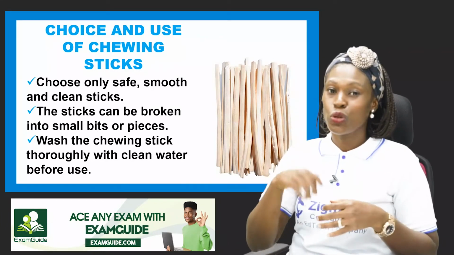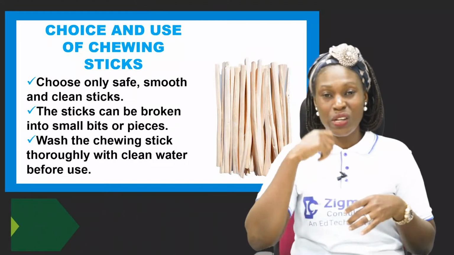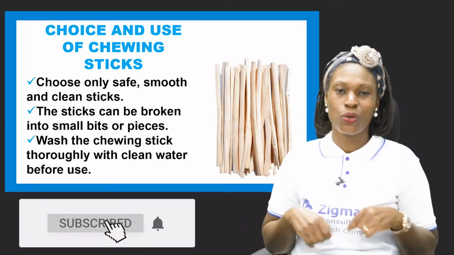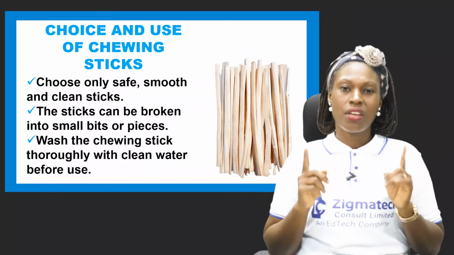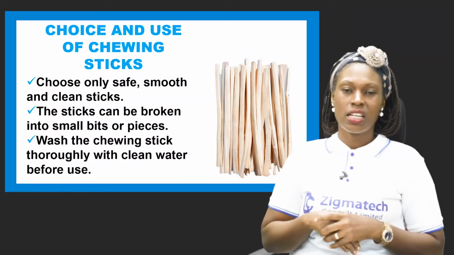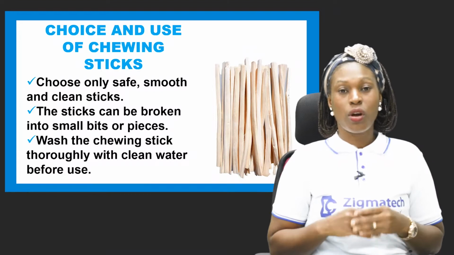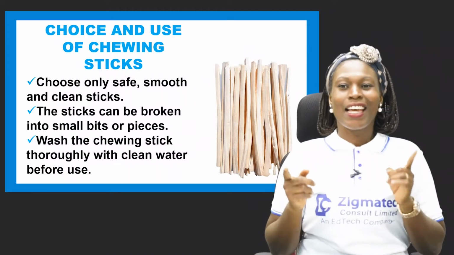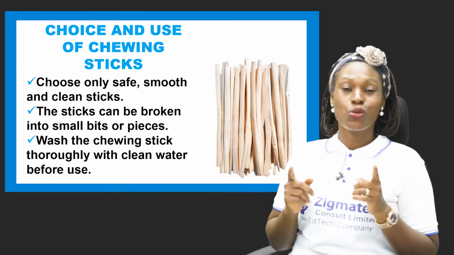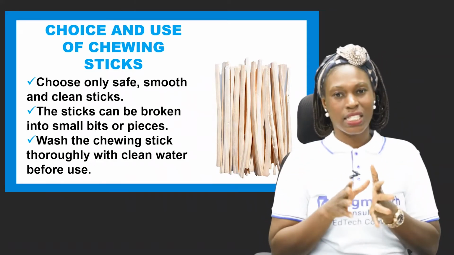So if it's harmful to your health, what happens? As you're chewing it, you're taking it down into your system. So you need to choose only safe, smooth, and clean chewing sticks. Another thing you should look out for is that you should be able to break it into smaller bits or pieces, okay?